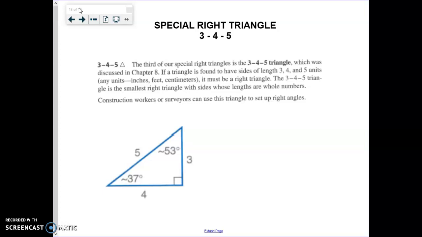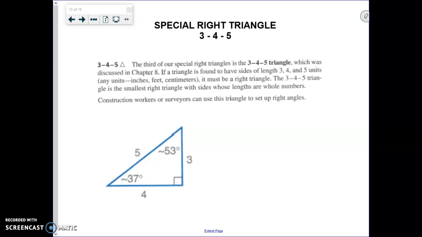But again, the length of 5 is opposite the right angle because it's the longest side. The shortest side here is opposite the smallest angle, which is approximately 37 degrees. It's not exactly 37, it's approximately 37. So that smaller of the two non-right angles is opposite the 3.